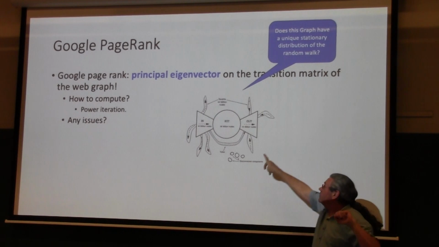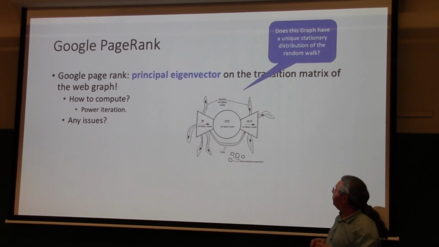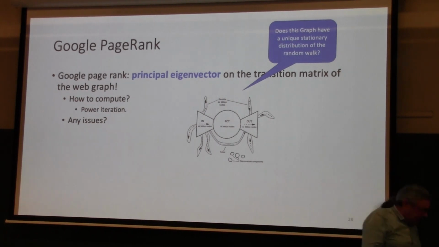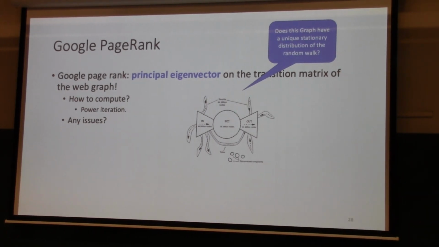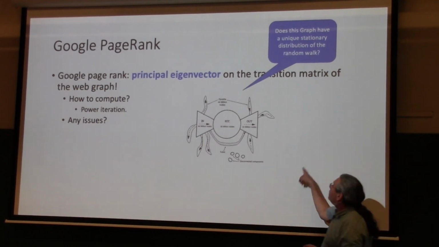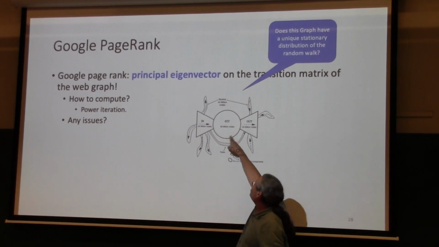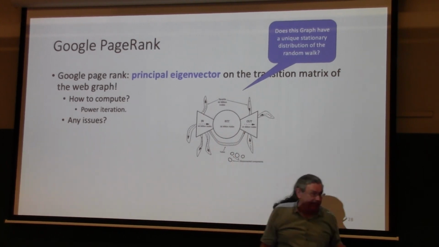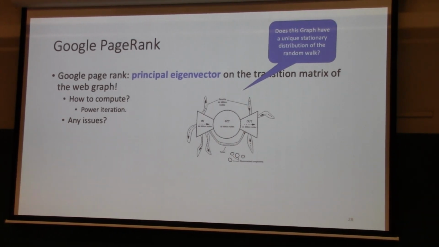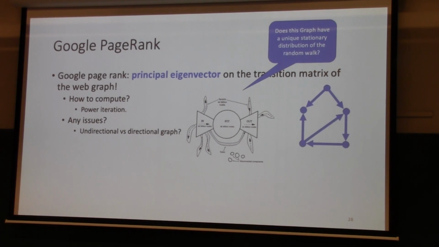This is the structure of the web. In order for there to be a unique stationary distribution, it has to be a strongly connected component. So is this thing strongly connected? No. I mean, there's one inside, but it's not. That's another problem. It's not strongly connected. It's a directed graph.